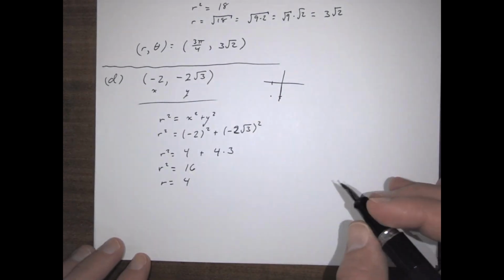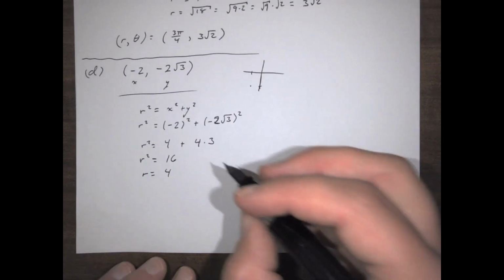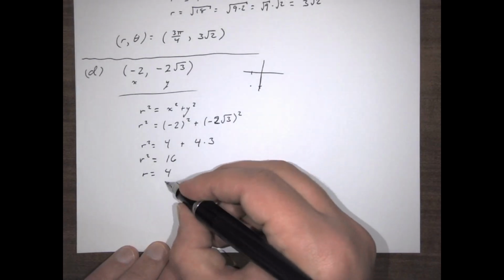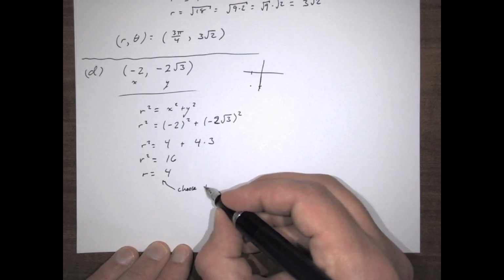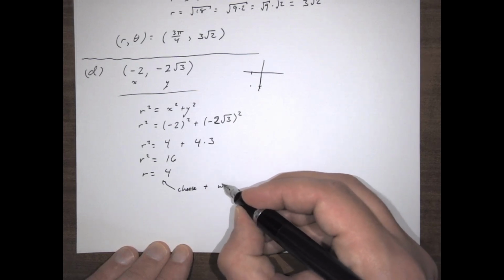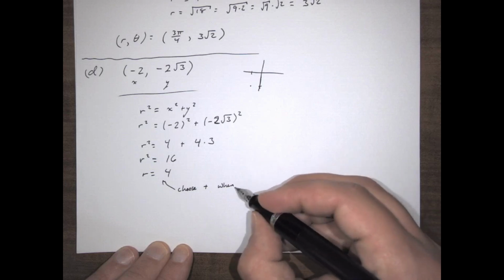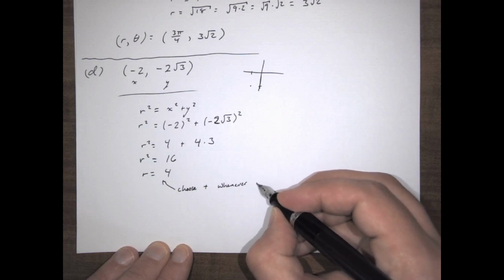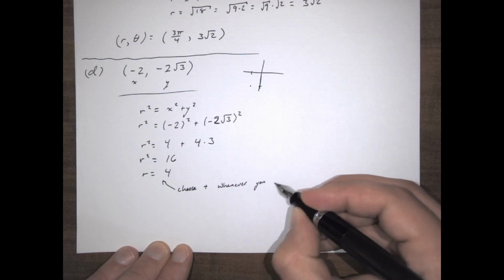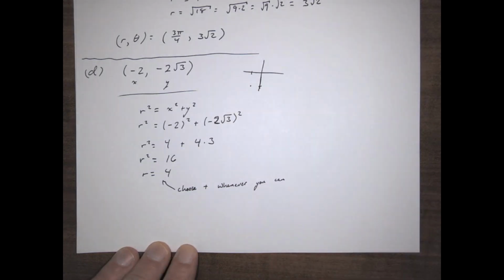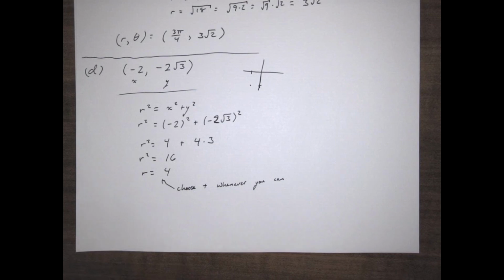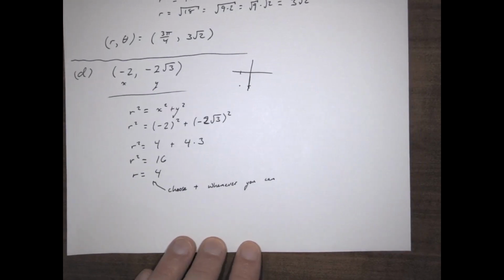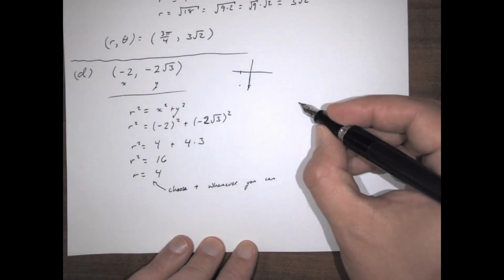So we will typically choose the positive one whenever you can. Technically, from here to here was a plus minus, but we didn't even consider the negative.